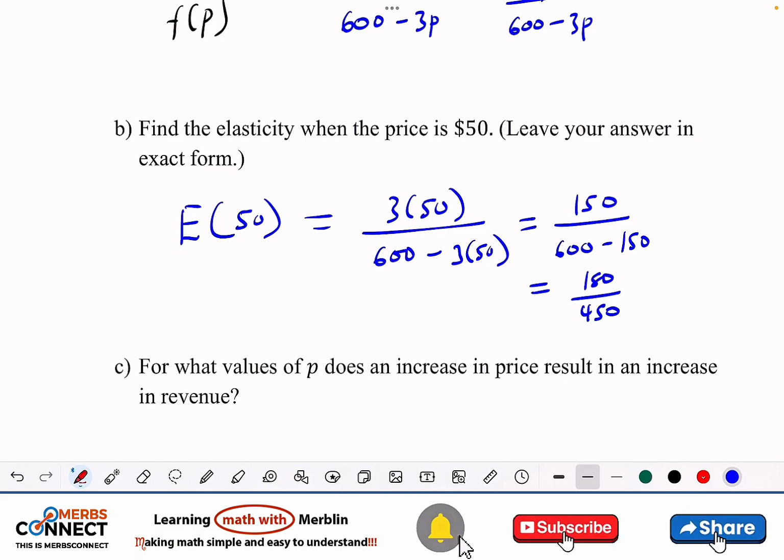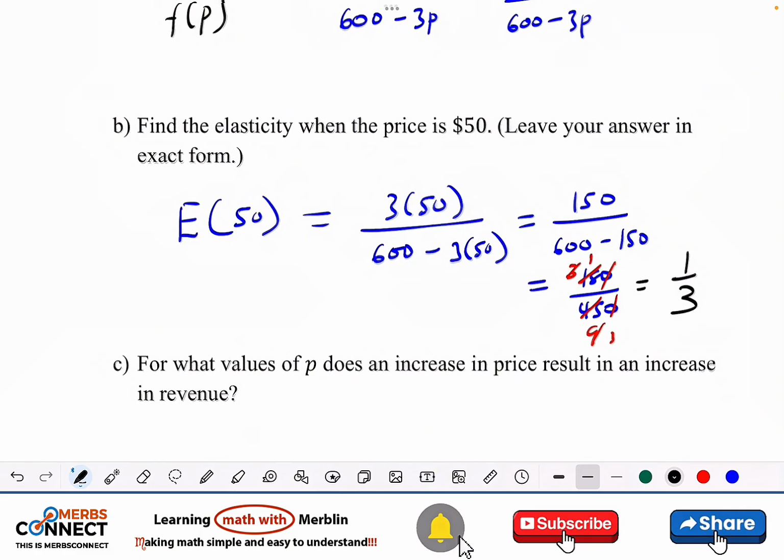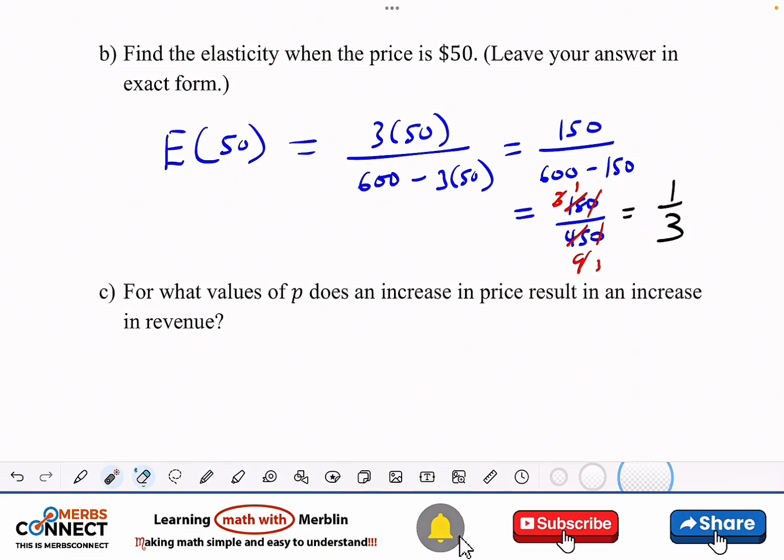Is that right? Yes, I think so. Then 0 will cancel 0. 5 goes into 150 three times and into 450 nine times, then 3 goes into 3 once and into 9 three times. So the final result here should be 1 over 3. Nice. So we can see that this is inelastic because it is less than 1, right?